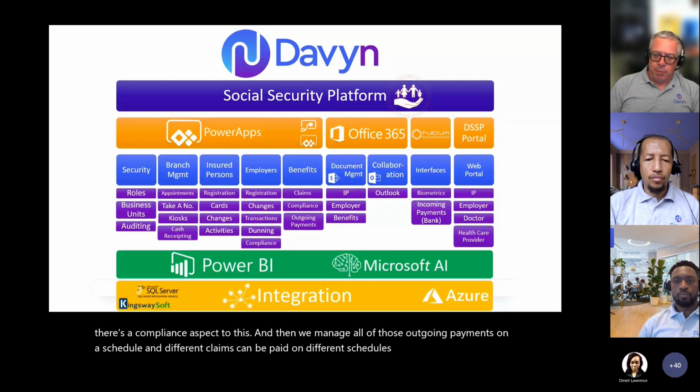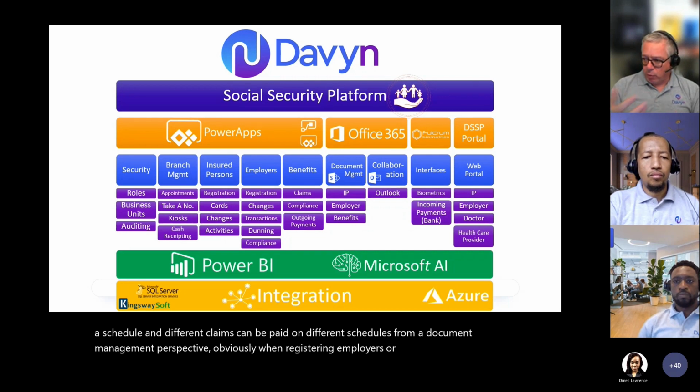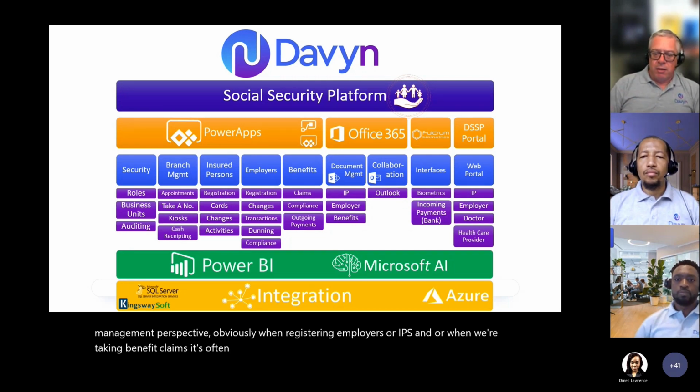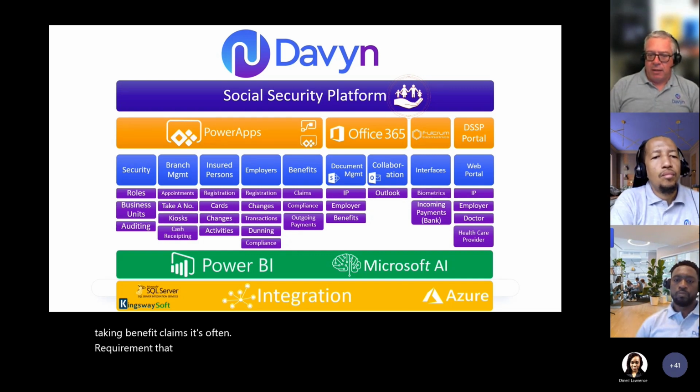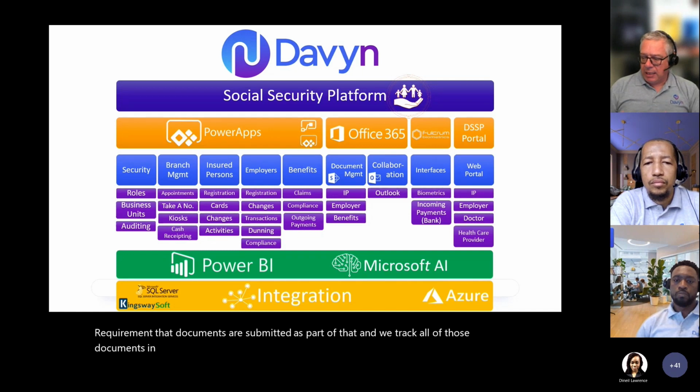From a document management perspective, obviously, when registering employers or IPs, or when we're taking benefit claims, it's often a requirement that documents are submitted as part of that. And we track all of those documents in Microsoft SharePoint, and we link the documents to the records in the solution.